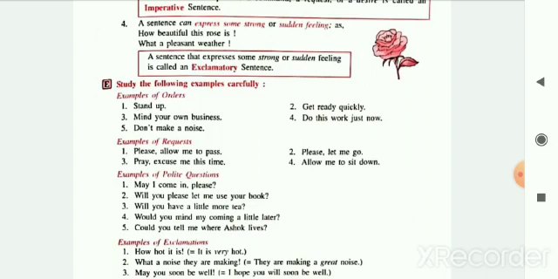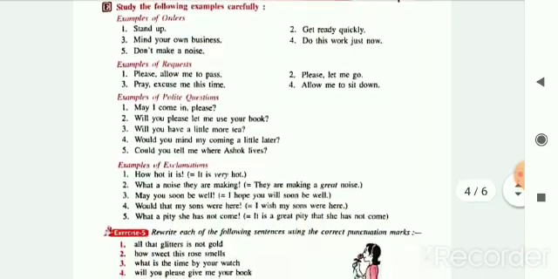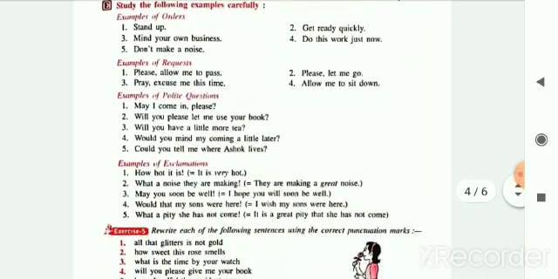You can use it in both ways, like I just explained. Then they have given you various examples of exclamatory sentences, requests, polite questions. Please go through them. They are not very difficult. This will help you to understand what I just explained, the kinds of sentences.